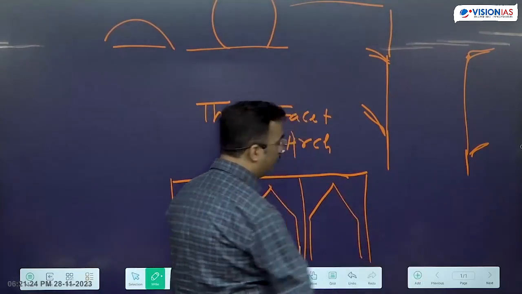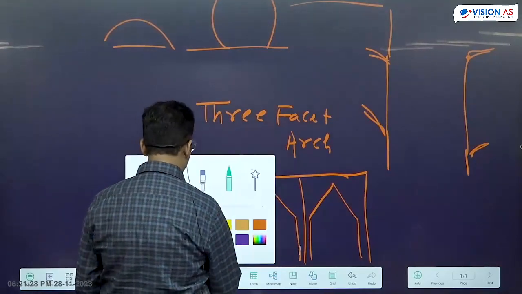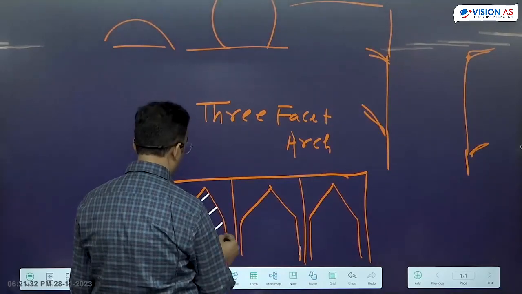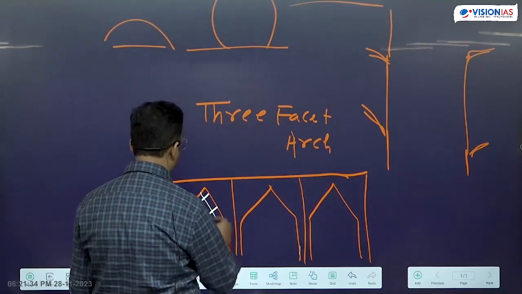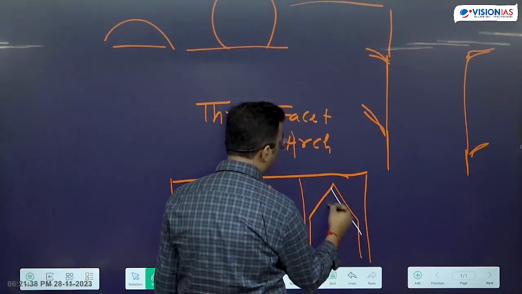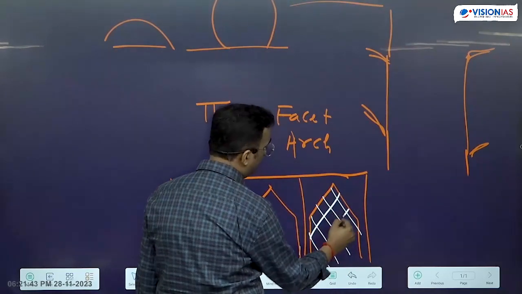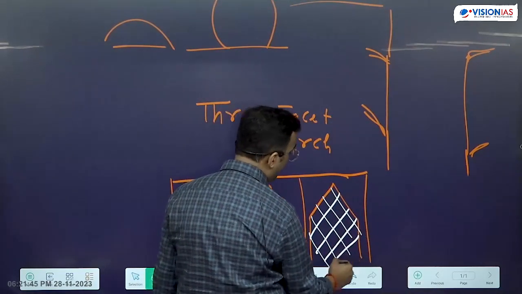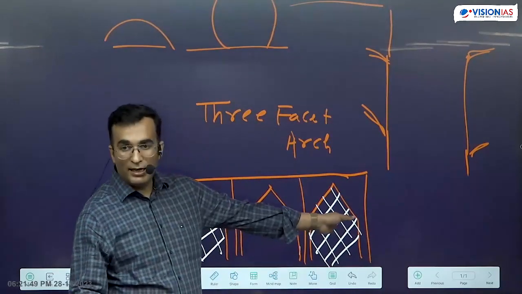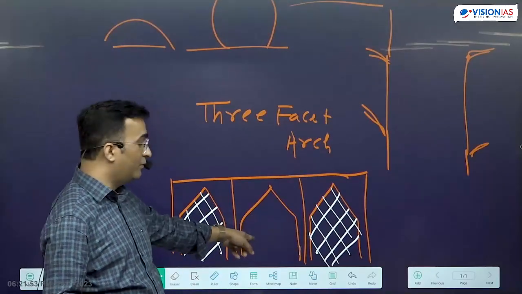Some are blind and some are functional. So what is the blind concept? These two would be blind. These are the blind arches. So the side ones are the blind arches, and the middle one is a functional arch. Can you give me the meaning of this? What do we mean by a blind arch or a functional arch? You cannot enter inside this one, and this is just for decoration, and this is for the entry and exit.